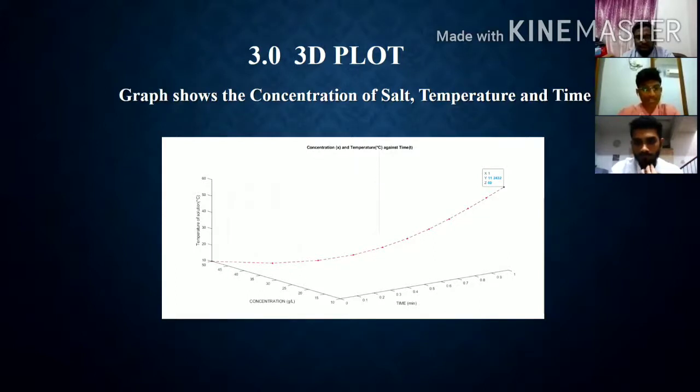This graph shows that when the time increases, the temperature also increases, but the concentration of salt keeps on decreasing. For example, when t was at 0 minute, the temperature was at 10 degrees Celsius, while the concentration of salt was at 50 gram per liter. But when the time reaches 1 minute, the temperature was at 60 degrees Celsius, while the concentration of salt decreases to 11.2432 gram per liter. This interpretation of data from a graph is really helpful in solving an engineering application using MATLAB as a medium.